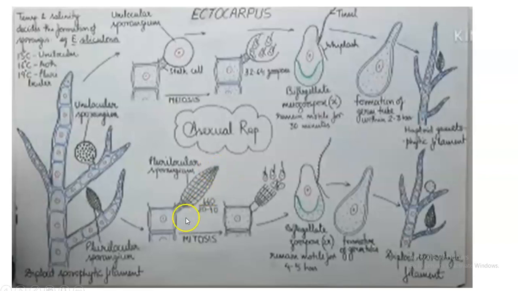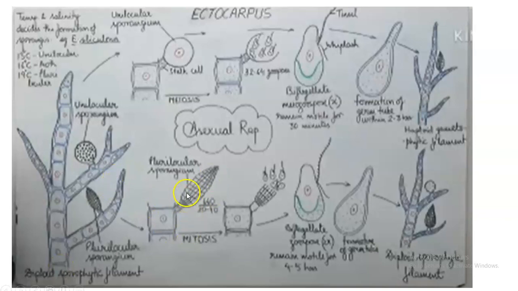How did this plurilocular sporangium arise? After the transverse division, there is one stalk cell and one larger cell. In this larger cell, there will be a series of mitotic divisions, not meiotic division, forming around 660 cells.